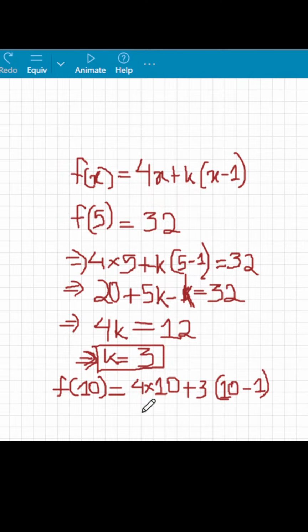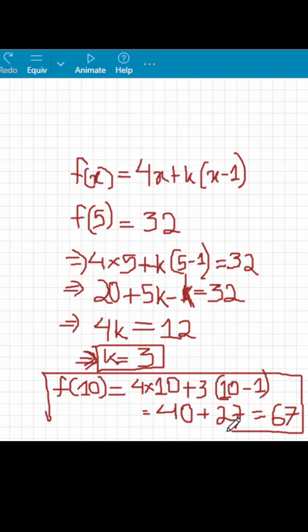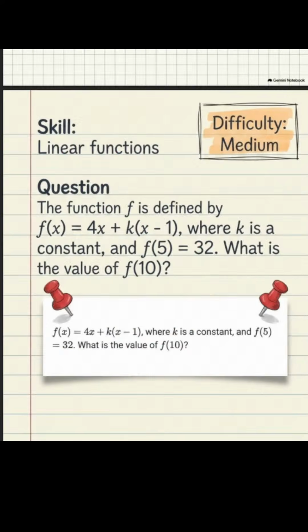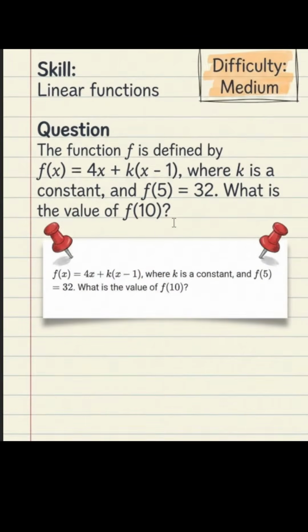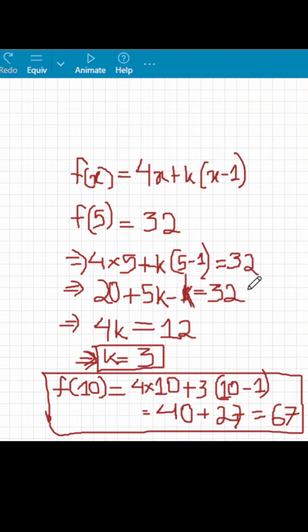So this will become 40 plus 3 into 9, that is 27, that will be 67. So f of 10 is equal to 67 and k is 3. So this is the correct answer. There are no options, but 67 is the answer for this question. And you can have a look at the solutions.